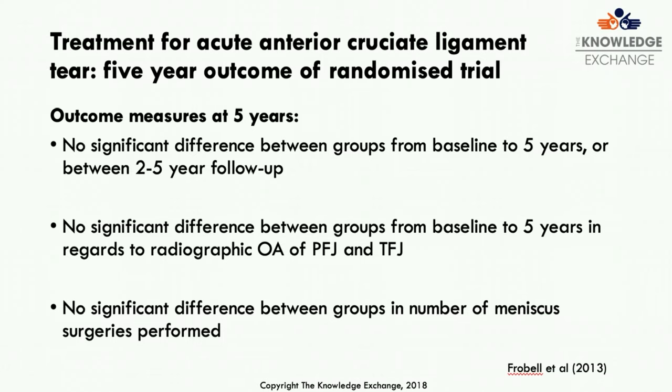The authors found that there were no significant differences between groups from baseline to 5 years or between 2 to 5 year follow-up. No significant difference between groups from baseline to 5 years in regards to radiographic osteoarthritis of the patellofemoral joint and tibiofemoral joint. No significant difference between groups in number of meniscus surgeries performed.